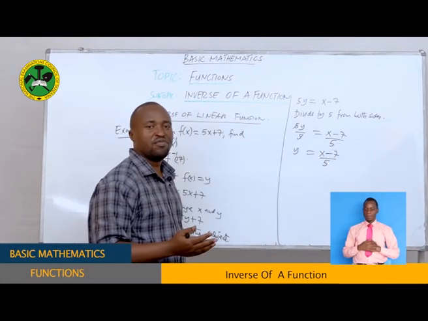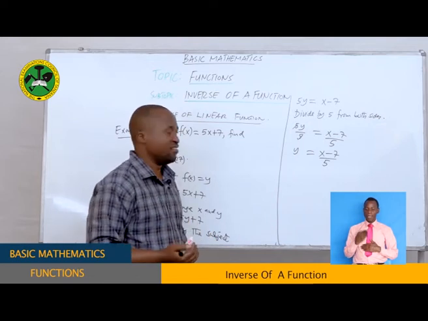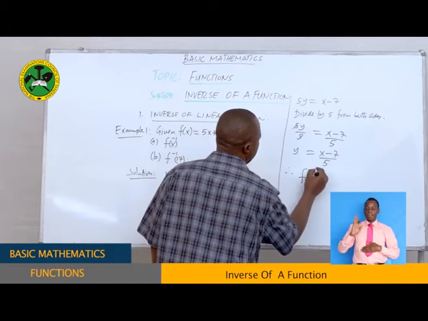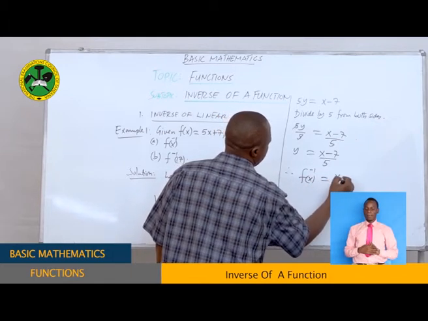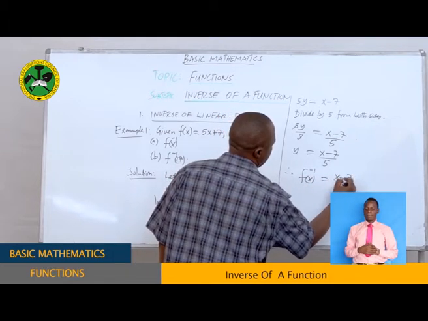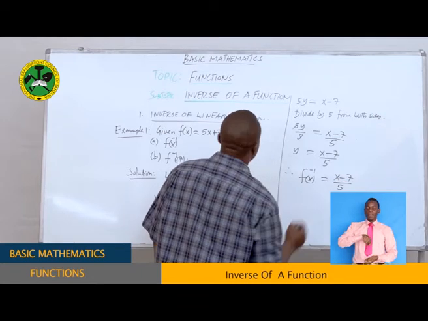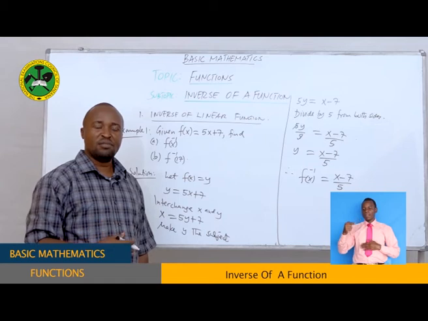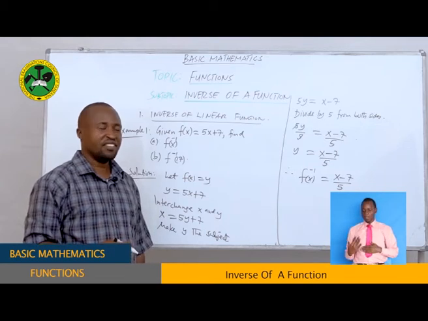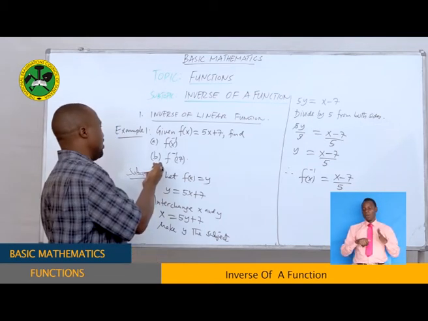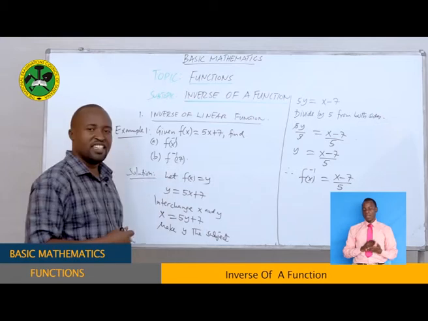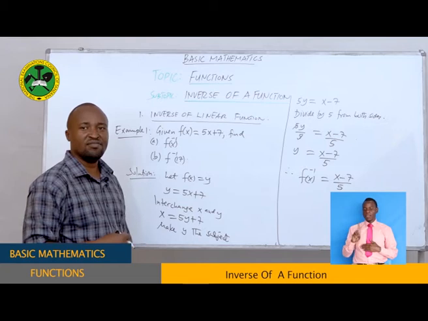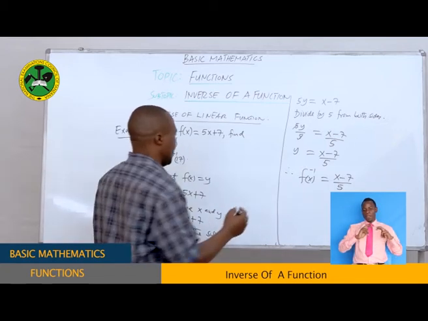But you are looking for the inverse of the function. That is f of x inverse. This is equal to x minus 7 over 5. My dear student, I'm sure we are together. So the next question is to find f inverse of 17. That is b.